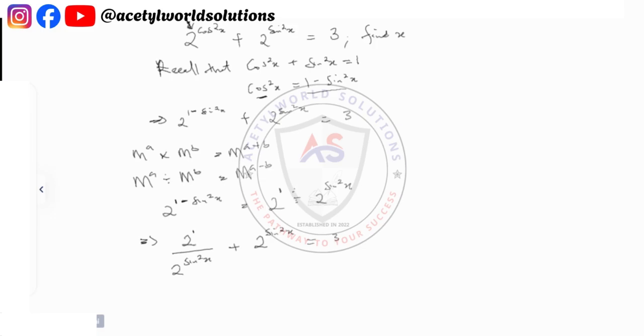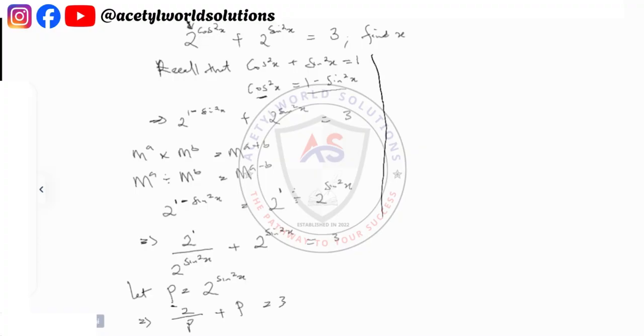Now, to simplify this, you can say let p equal 2 raised to power sin square x. It means you've now equated 2 raised to power sin square x as a new unknown, which is p. So anywhere that you see 2 raised to power sin square x, you put p: 2 over p plus p equals 3.